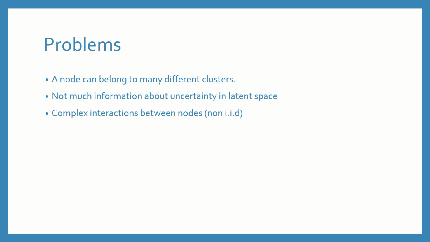We don't know how to represent each node, and moreover, we can see that the interaction between the nodes could be complicated and complex. So it needs to handle the non-IID problem also.